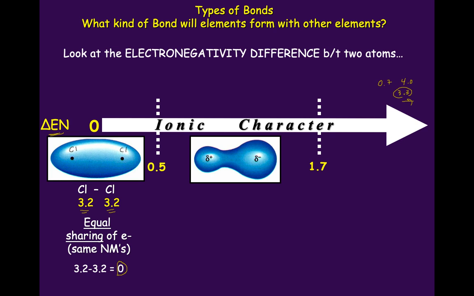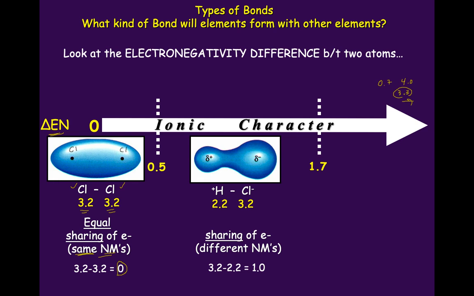If you go on to a bigger difference in electronegativity, and again, if you're sharing between the same nonmetals, you'll see these elements are identical, so you would pull identically. When you have two different nonmetals, in the case of H and Cl, it's going to be slightly different because each element pulls differently.